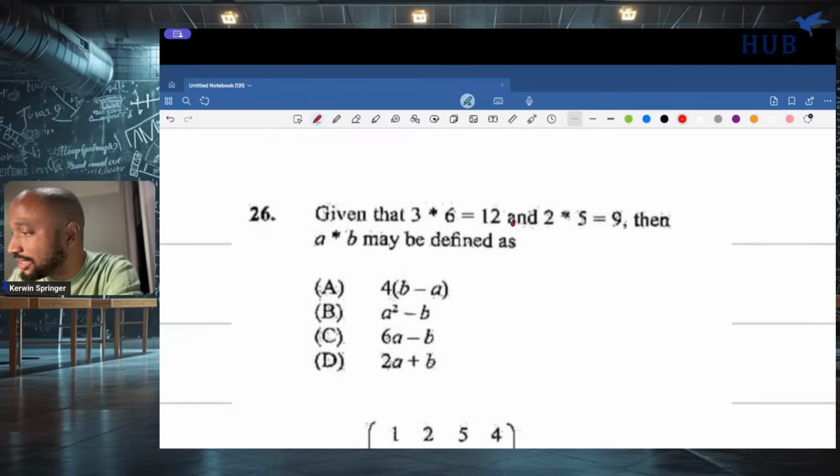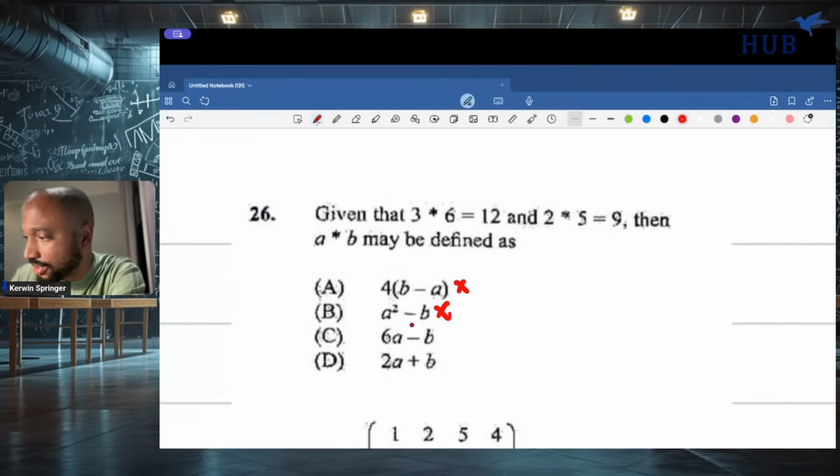3 star 6 is 12, 2 star 5 is 9, then A star B may be defined as... All right, 3 squared is 9 minus 6, is that 12? No. 4 by 3 minus 6, oh no, sorry. B minus A. So 6 minus 3, 4 3s are 12, yes. 5 minus 2 is 3 by 4.